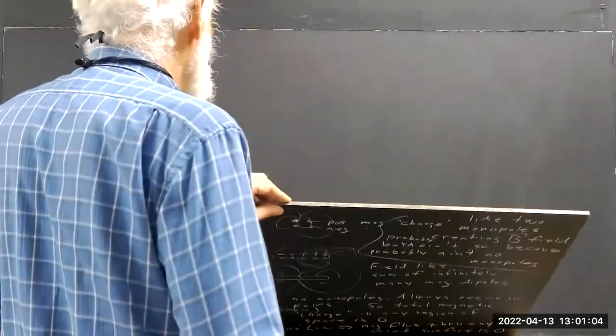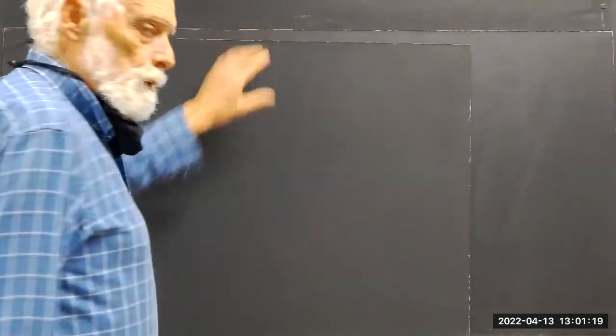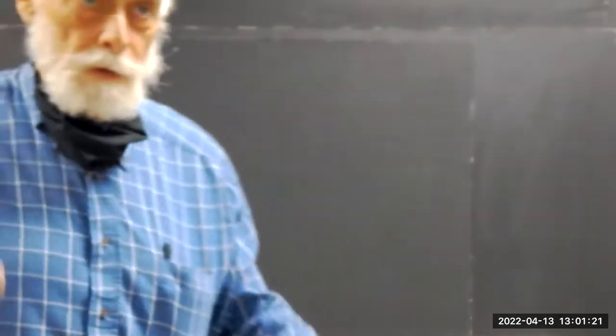Okay. So let's look at something we mentioned last time, which is the effect of magnetic field on a square loop.